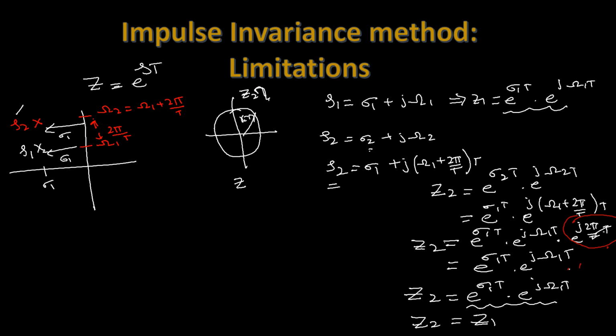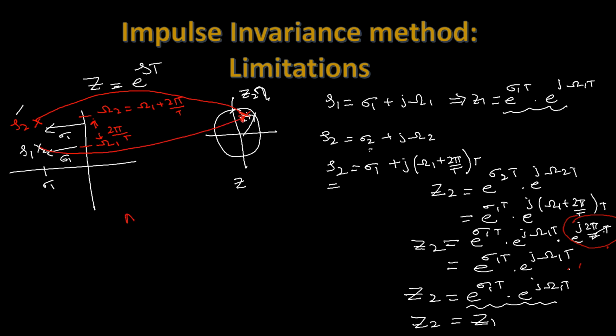From this, if you observe, you have two poles at different locations but they are occupying the same location in the Z plane. Suppose S1 is mapped to this point, and S2 is also mapped to the same point, right?